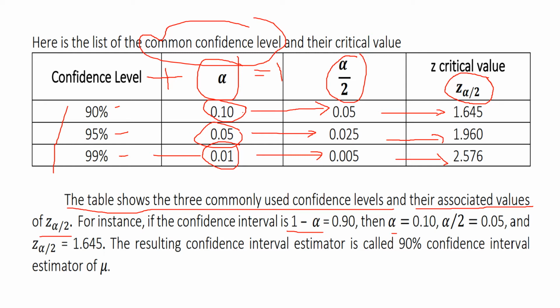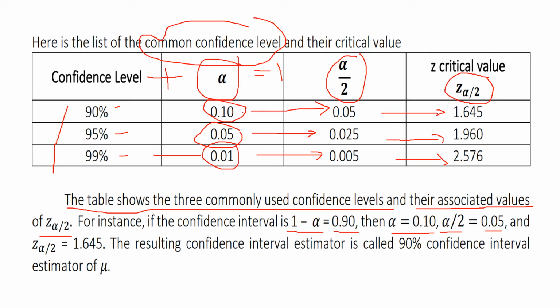Then your alpha now is 0.10, because your confidence interval now is 90%. Your alpha is 0.10, meaning 10%, so if we add these two values, we make it 100%. Now your alpha over 2 is 0.05.